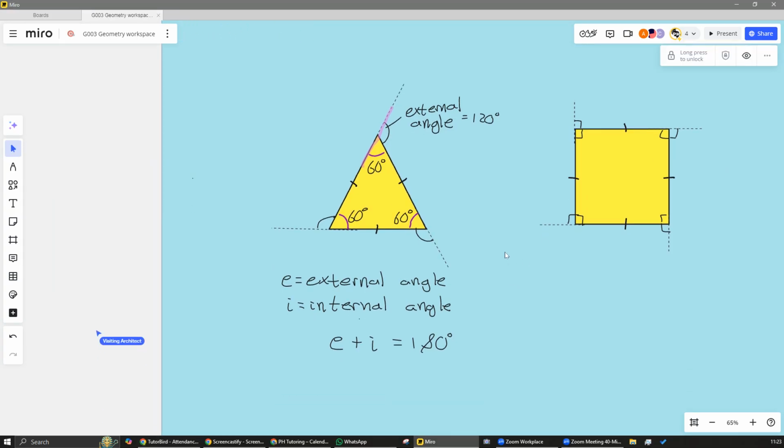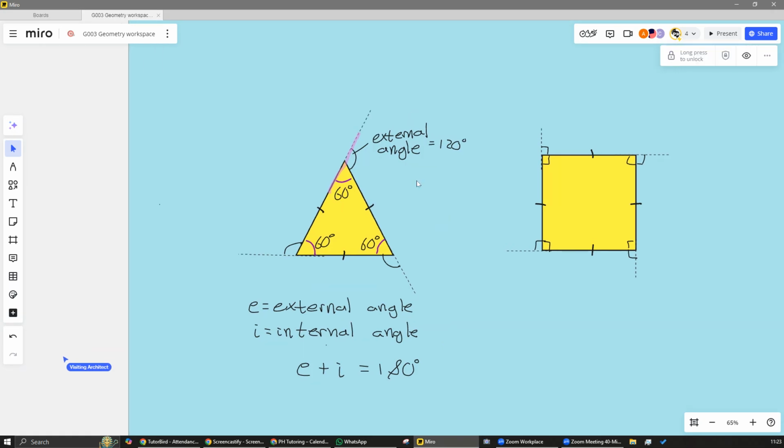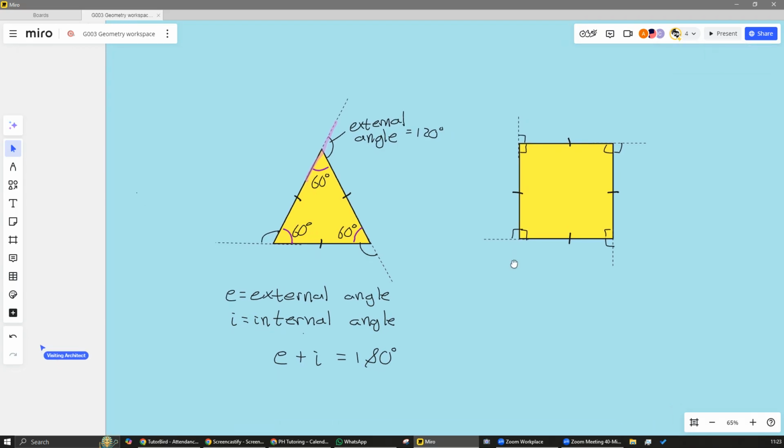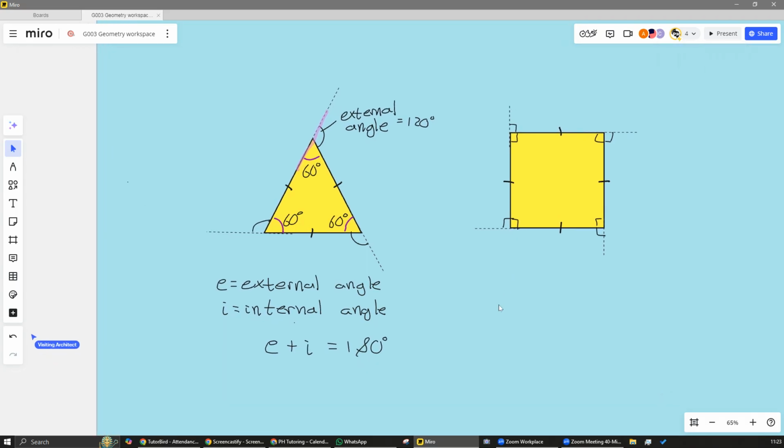Okay, one of you has managed to work out that if you were to add up the external angles of this triangle, you're going to get 120 times 3, which is 360. If you did the same for the square, you will also get 360. Okay, so this is the rule.